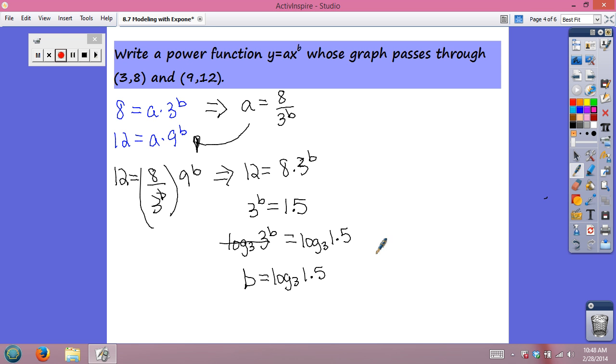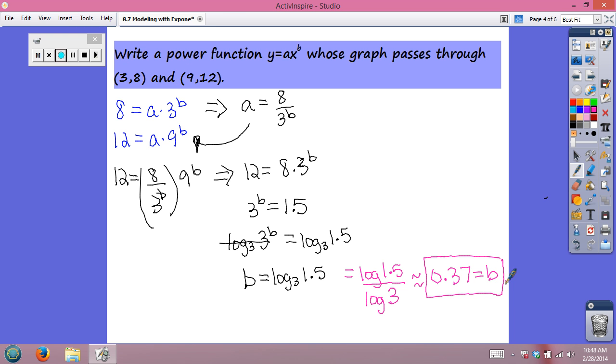Again, using our change of base, we can find that equals log base 10 of 1.5 divided by log of 3, which will give us approximately 0.37. And that, again, is our b value.